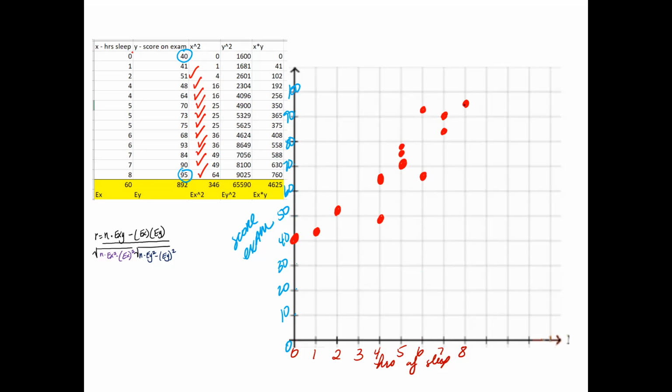Okay, so this is my scatter plot, and just from a look at this, it looks like a positive correlation is kind of what it appears to be.